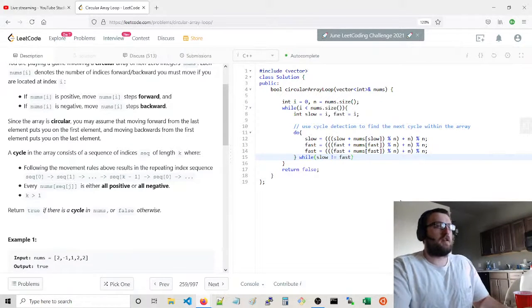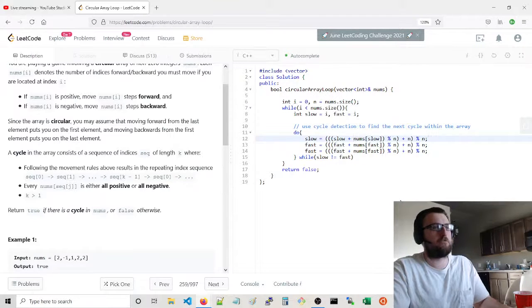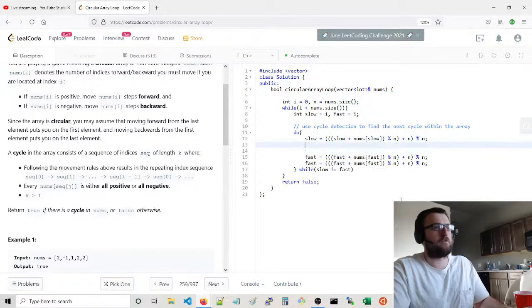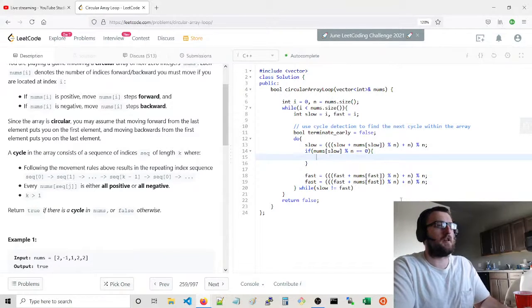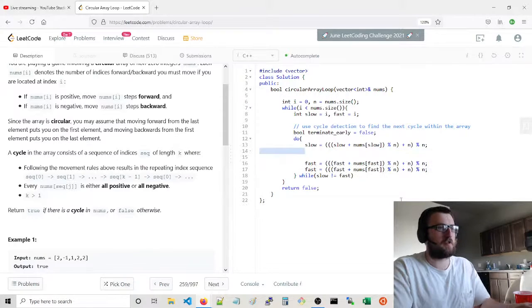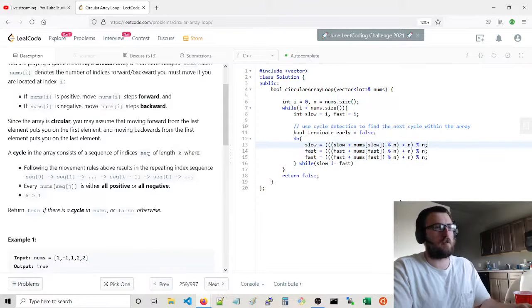Let's say, so we'll say check also bool terminate early is false. So if nums of slow modulo n equals 0 at any point, really could do either of them, I think. You kind of want to do this check at every spot though.